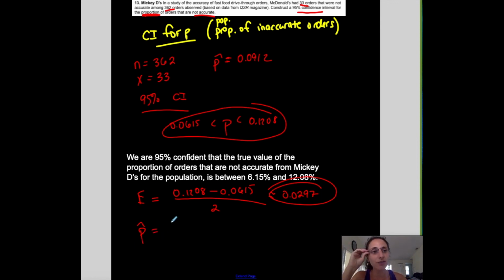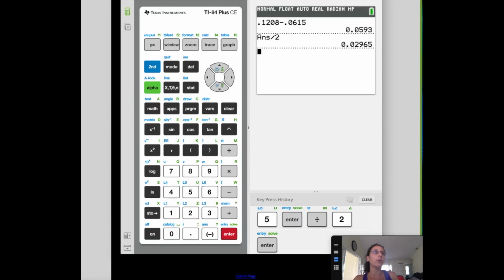But if you're ever asked for your point estimate and you can't find it otherwise, and you know your confidence interval, you could take the maximum value, add the minimum value, and divide by 2. 0.1208 plus 0.0615, then divide by 2.